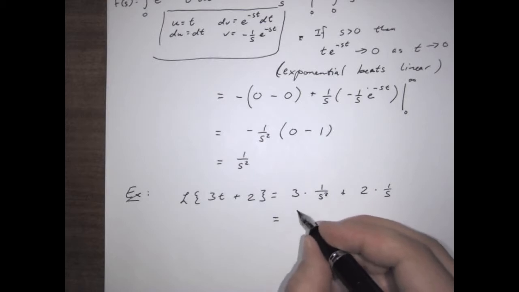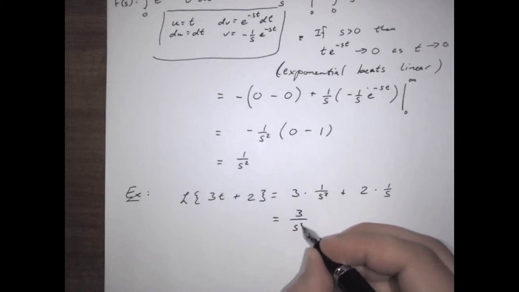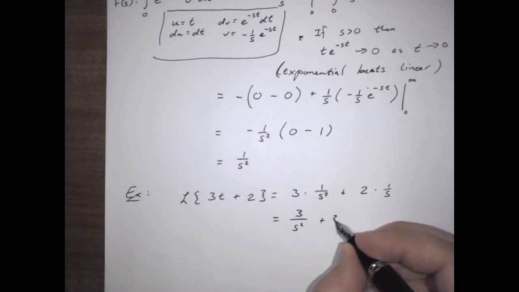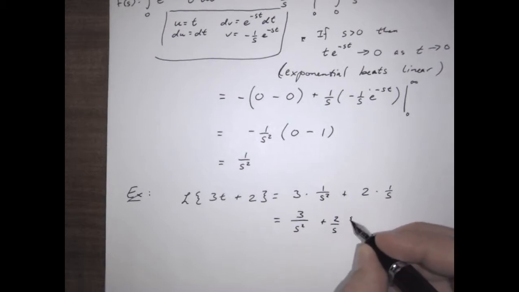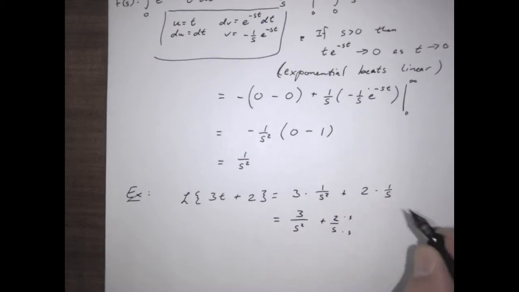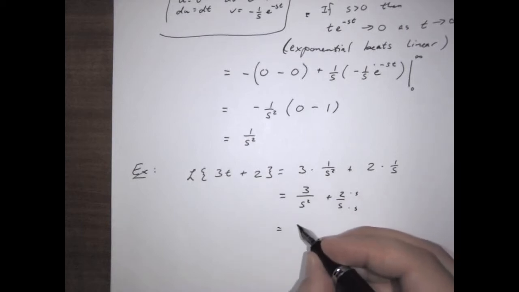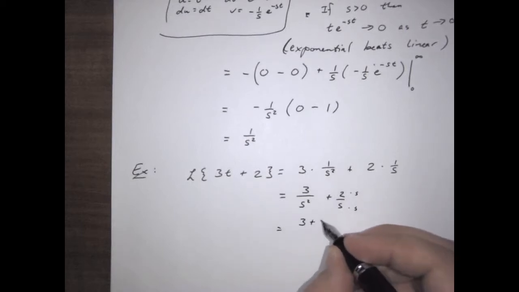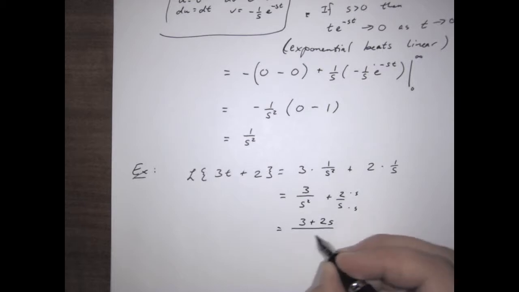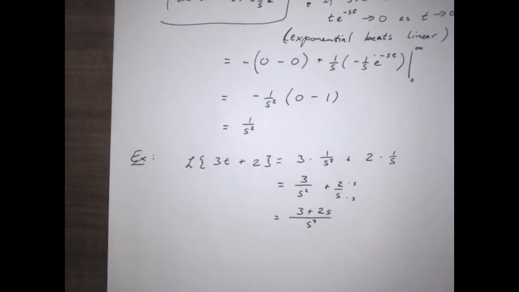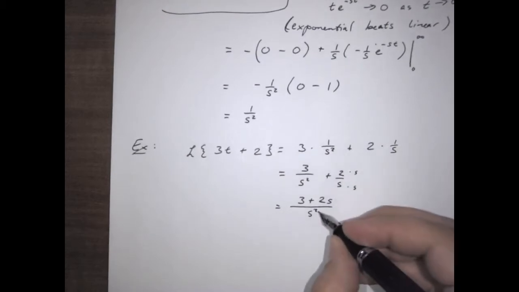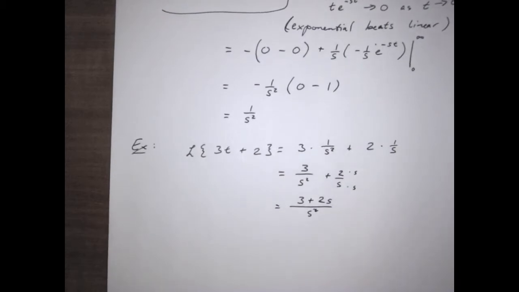And here then, 3 over s squared plus 2 over s. It'd be customary here to get a common denominator for reasons you'll see later. And so that's going to be 3 plus 2s over s squared as the Laplace transform of that sum.